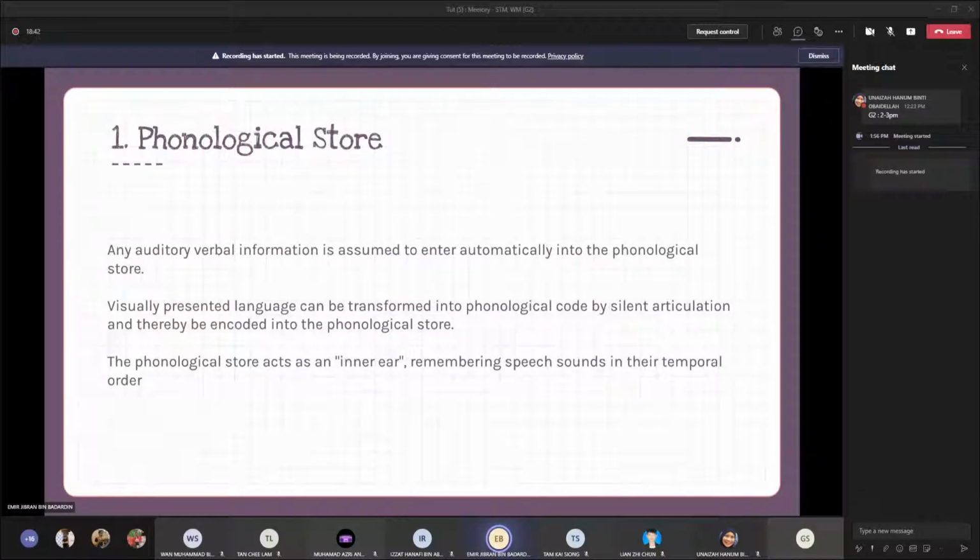If it is visually presented, language can be transformed into phonological code by silent articulation and thereby be encoded into the phonological store. Basically, the phonological store acts as an inner ear, remembering speech sounds in their temporal order.